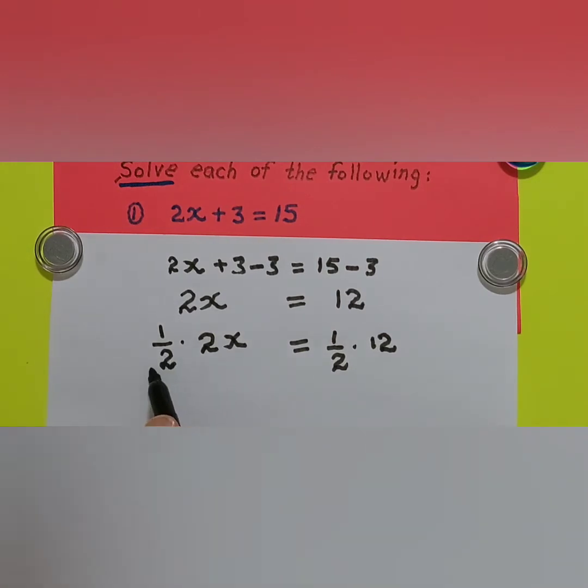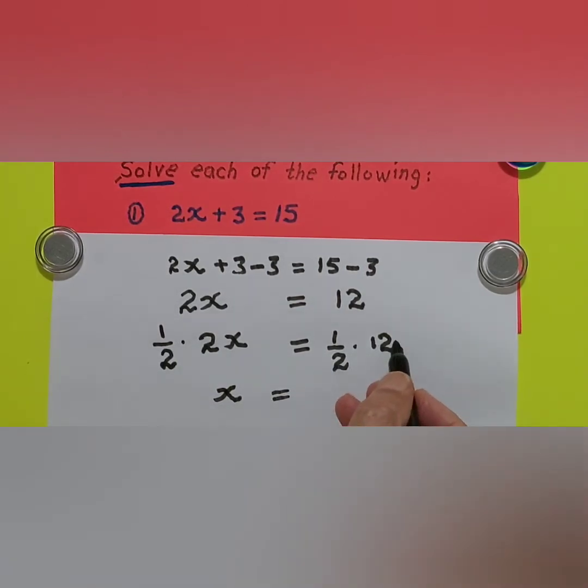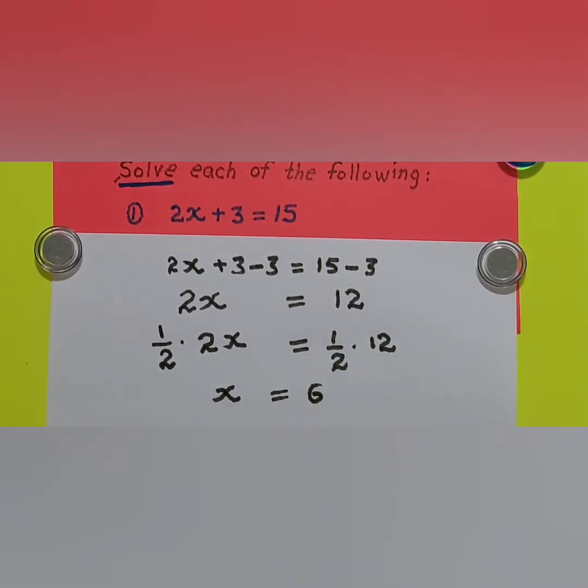You can cancel here 2 with 2, and the result is 1 times x, that means x. And here, on the other side, we can cancel 2, which gives me 1. Here 12 over 2 gives me 6. So 1 times 6 is 6, the result. So this is the value of x. And by this way, we consider we solved the equation.